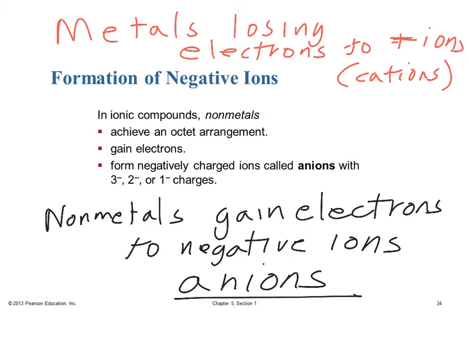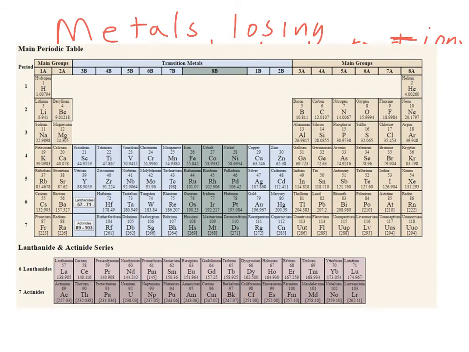Now, let's take a look here at our periodic chart. All right, here's our periodic table, and let's look at what we're talking about. We're talking about our nonmetals. And you'll remember our metal dividing line here. Now, not all nonmetals are going to form anions. Matter of fact, we can narrow the amount that are going to form anions even a little bit more.